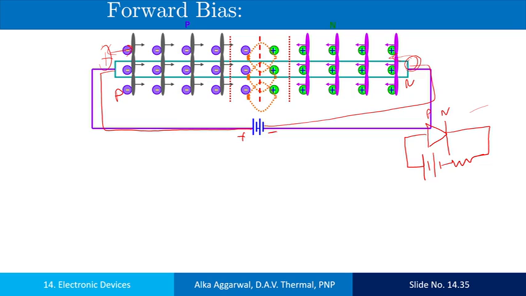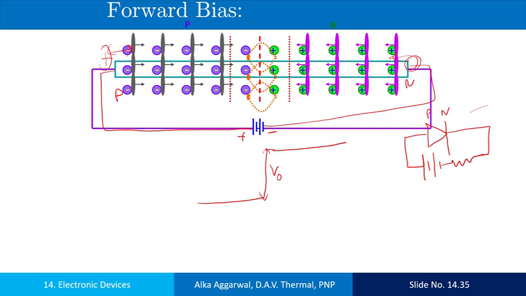In terms of the potential barrier, this is the potential of the p-type and this one is the potential of the n-type. So the height of the potential barrier is initially V0.